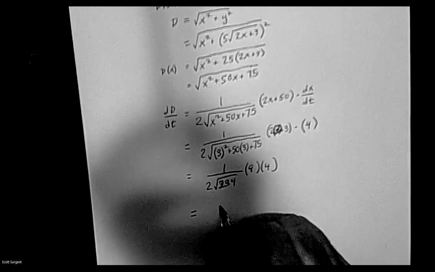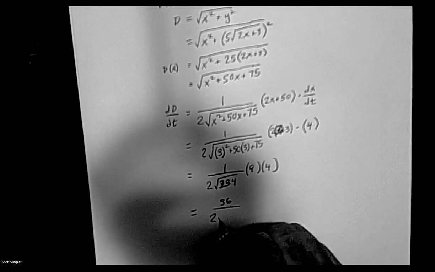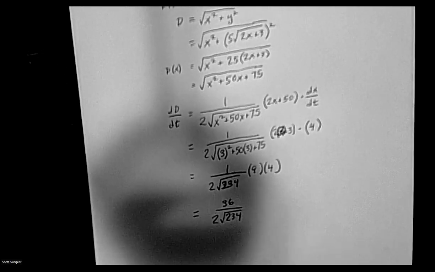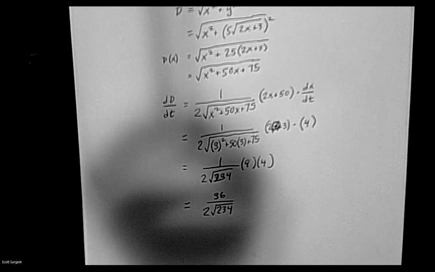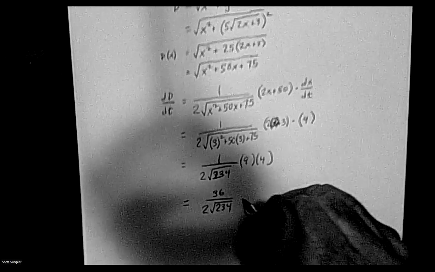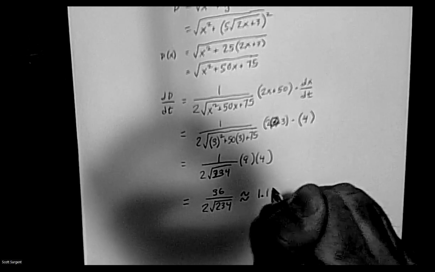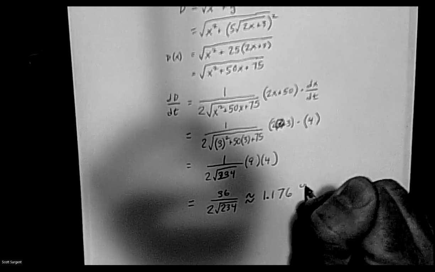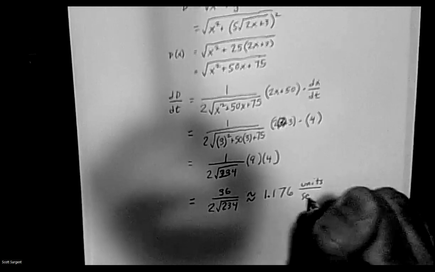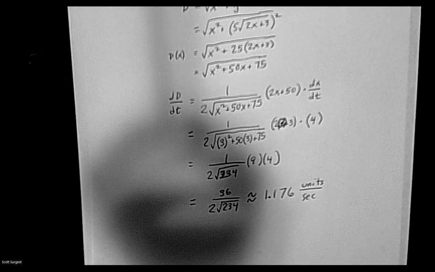And so then I'm just going to work this out. It actually comes out to be 36 on top and 2 root 234 on the bottom. Give me a second here. And I get 1.1776 units per second. And that sounds about right.